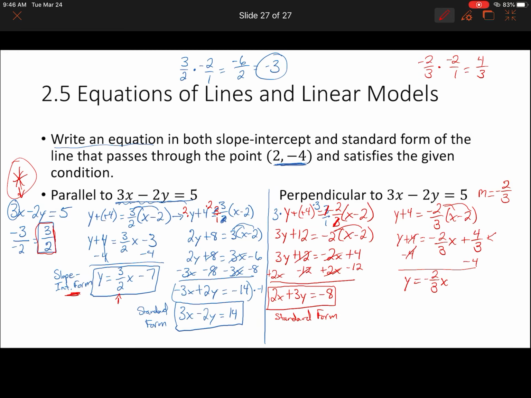Then we have this other number, this 4/3 minus 4. And this is where people tend to freak out. So if you can't do that in your head, and you don't know how to do it by hand, use your calculator. So here's what's happening. You're taking 4/3 minus 4. Well, that 4 is 4 over 1, and we need that 4 to be a fraction with the denominator of 3.